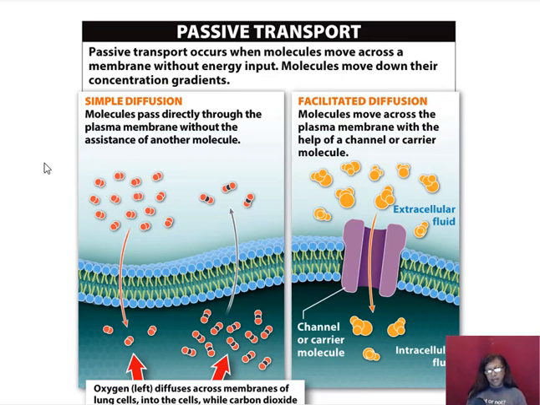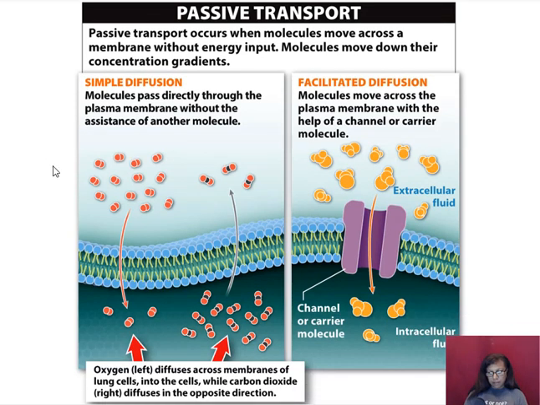So that's simple diffusion. There are different molecules in our body that our body takes advantage of that knowledge, right? Here we can see molecules of oxygen diffusing across the membrane of lung cells into the actual cells, while carbon dioxide diffuses in the opposite direction. It's based on the concentration gradient. Here I have a high concentration of oxygen on this side of the membrane.